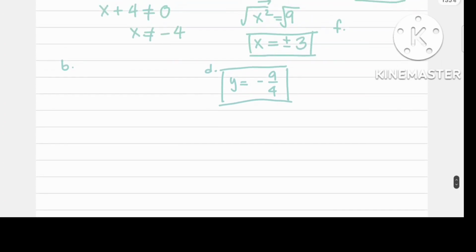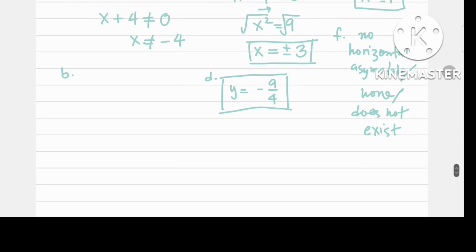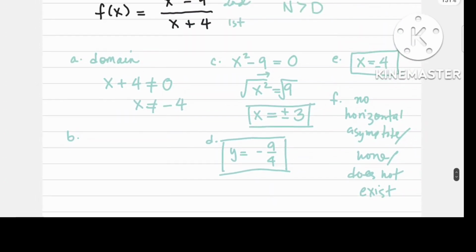So we write no horizontal asymptote. Or we simply write none, or does not exist. And because this function does not have any horizontal asymptote, then its range is the set of all real numbers. Right? Anything you did not understand? Okay.